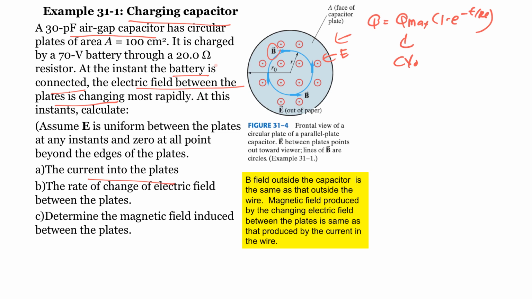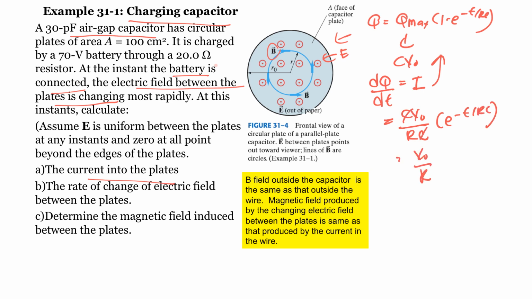To find the current at t equals 0, we differentiate because dq over dt is basically a current. We get CV naught over RC times e to the negative t over RC. So you get V naught over R. Here e to the power is going to be 1 because t equals 0. So you get I equals V over R, that is, V equals IR.